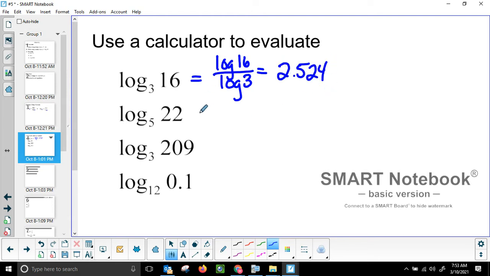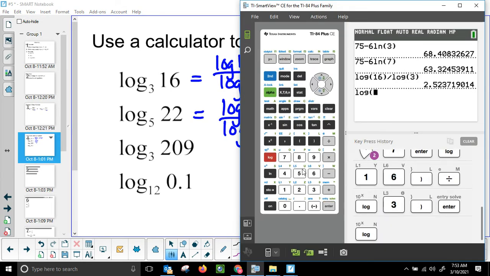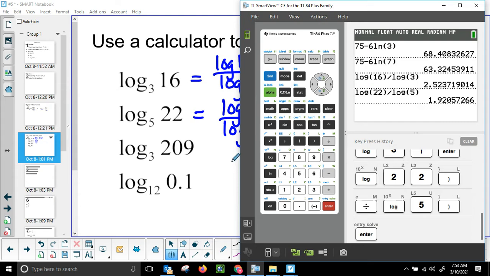We can do that with all of these. Here we could say log of 22 divided by log of 5, and we get 1.921.